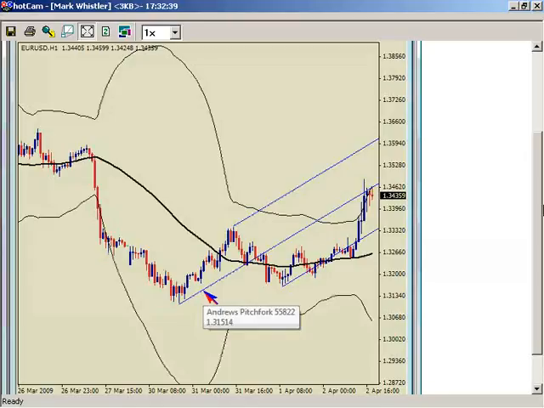A median trend line. This is a hard word, and this is why little words are so important when we discuss these concepts, because I don't want to call this the median line. Really, what we're trying to identify is the mean or the average.